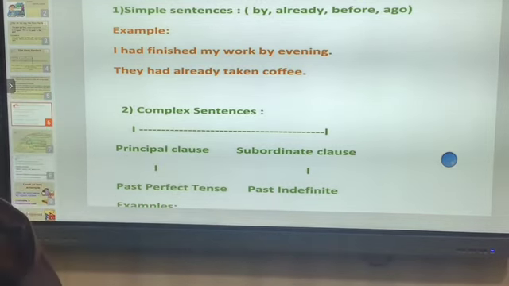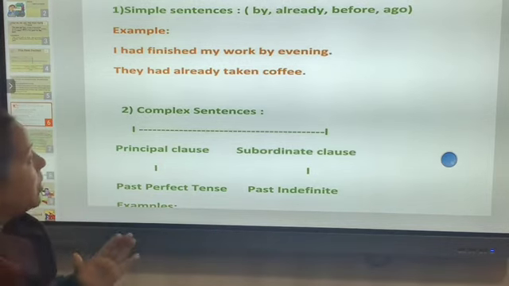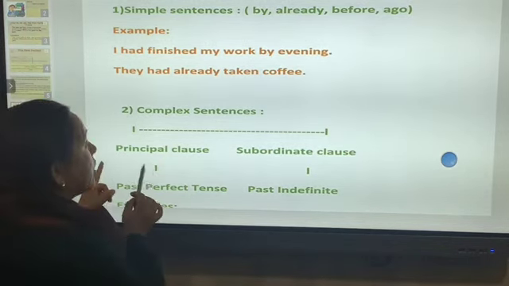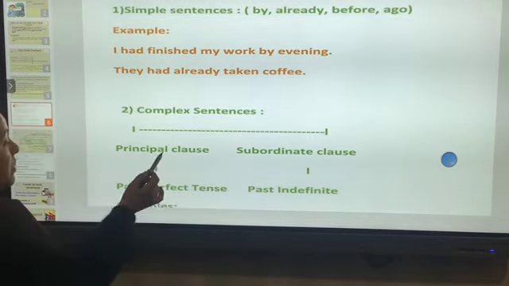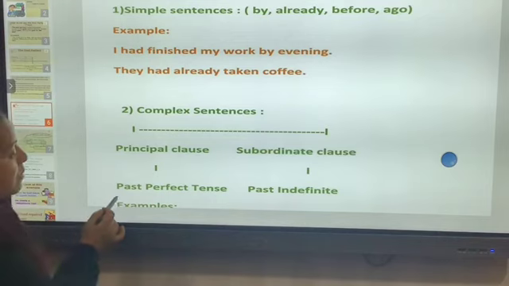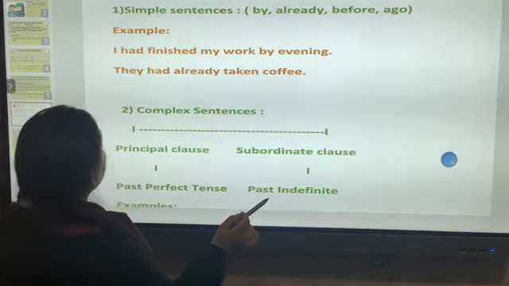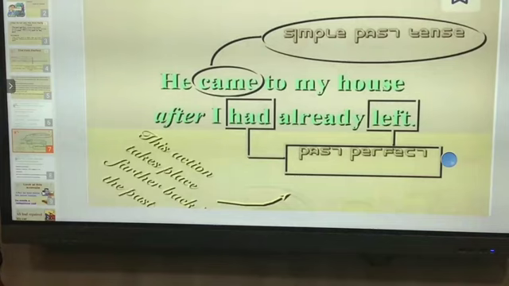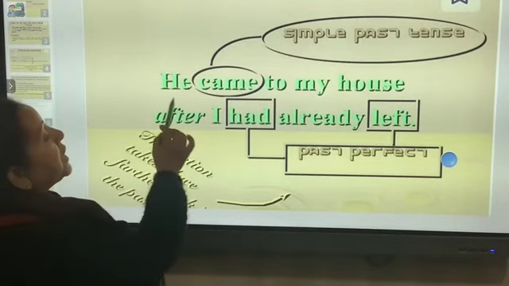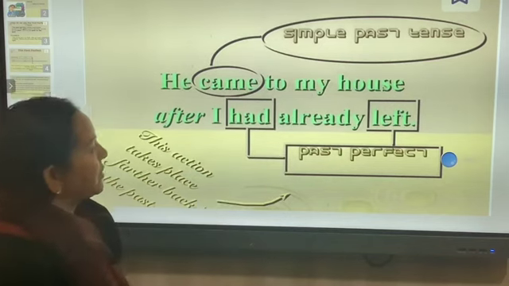Complex sentences. In complex sentences, there are two types of clauses: principal clause and subordinate clause. The principal clause is written with the help of past perfect tense and the subordinate clause is written with the help of past indefinite tense. Let's focus on another example. He came to my house after I had already left.